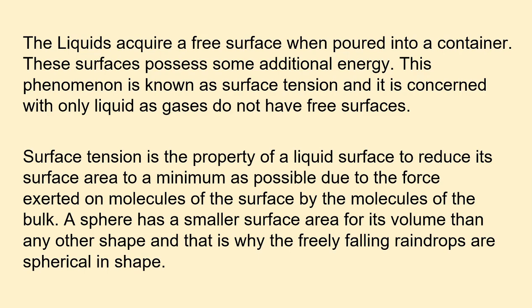We know a sphere has the smallest surface area for a given volume. If we take a given volume of material and put it into a shape with minimum surface area, the sphere has a smaller surface area than any other shape. That is why freely falling raindrops are spherical in shape.